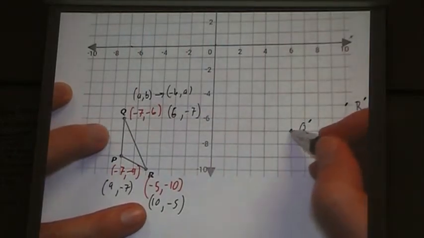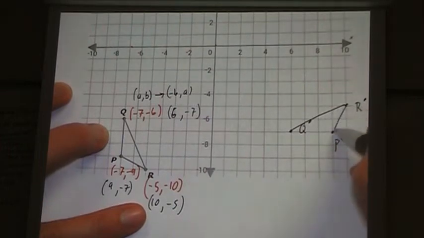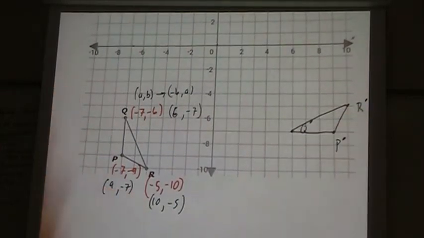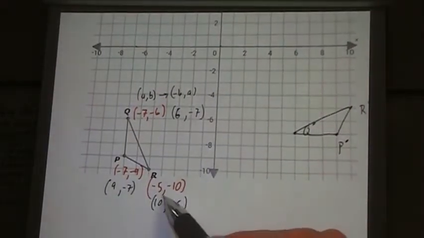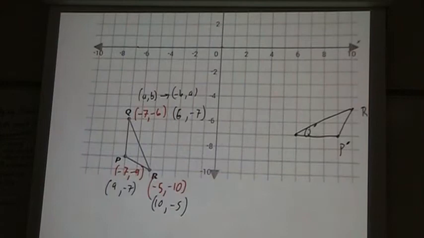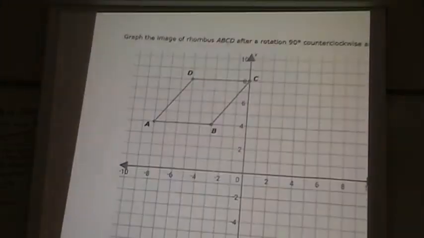One thing, you should always make sure that your shape looks about the same. Okay, those triangles look about the same. Boom, there you go. Okay, so with these problems, I would recommend copying the coordinates down to some scratch paper and then playing with the coordinates. In my opinion, that's the easiest way to do it when we have a computer screen to work with.